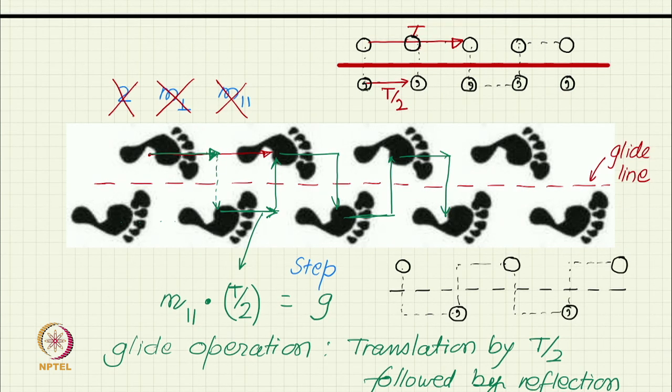And you add a perpendicular mirror. What will happen? So these new motifs you will generate, trying to satisfy the glides.